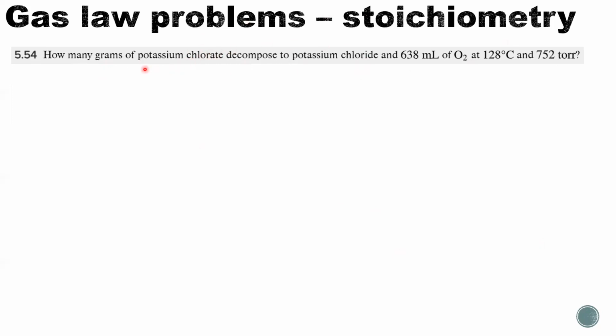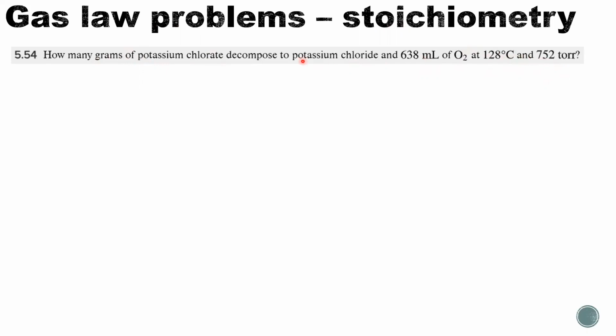It's potassium chlorate decomposing to potassium chloride, right? It asks how many grams of potassium chlorate, the reactant, and it gives us the information of one product, oxygen: 638 milliliters of oxygen at 128 degrees Celsius and 752 torr.